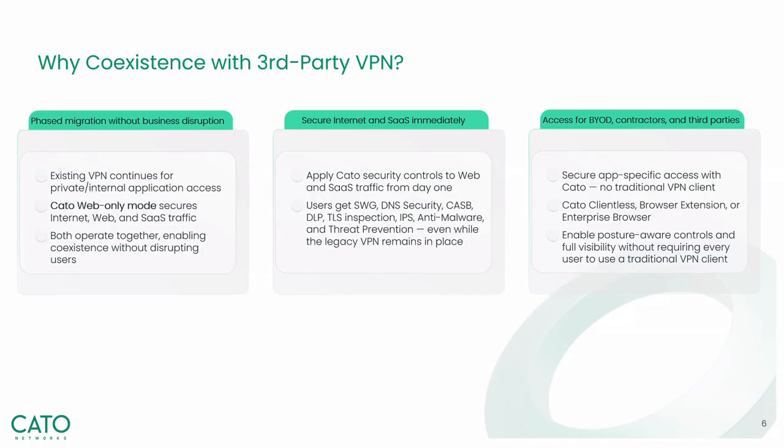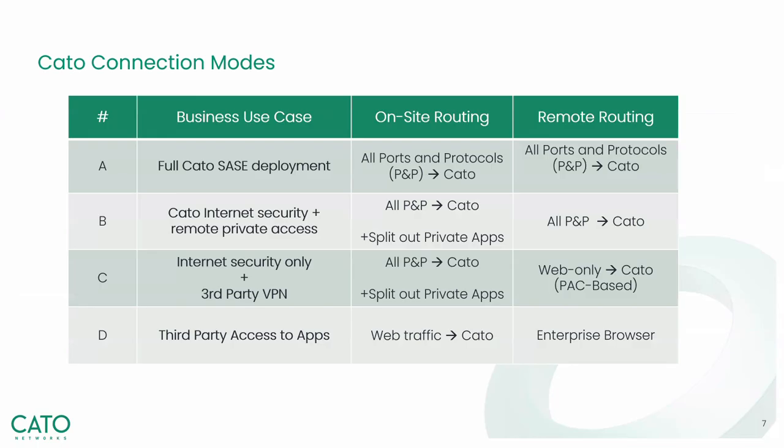All right. So these are the three important pillars which I will be talking about in my next slide. Now, before I jump on to the specific scenario, I want to tell you about the different connection modes this Cato client supports. The first one is full Cato SASE deployment.